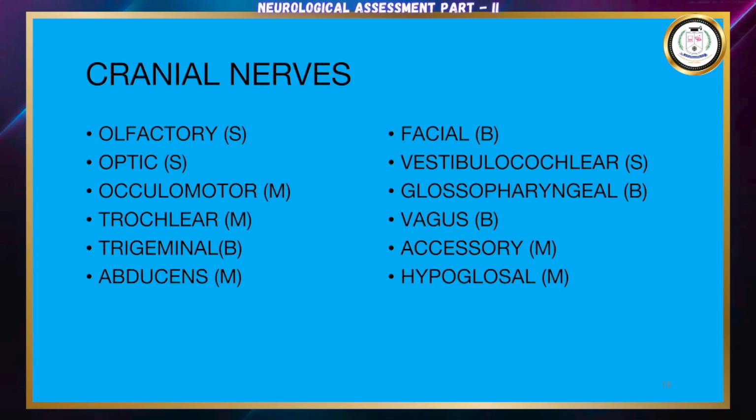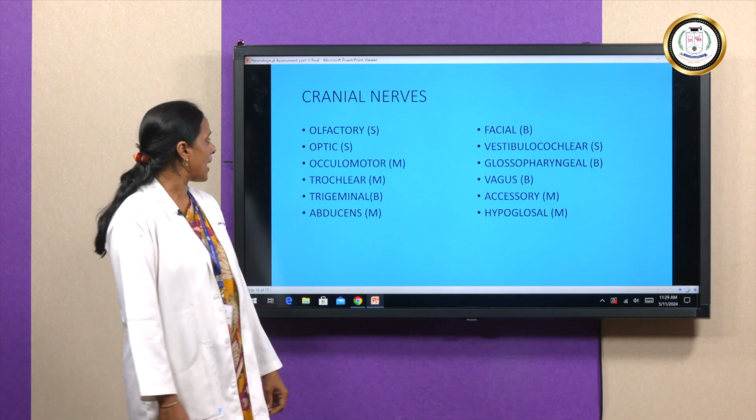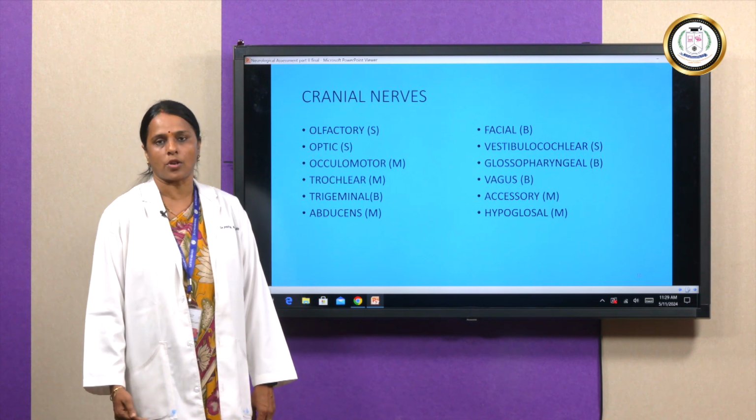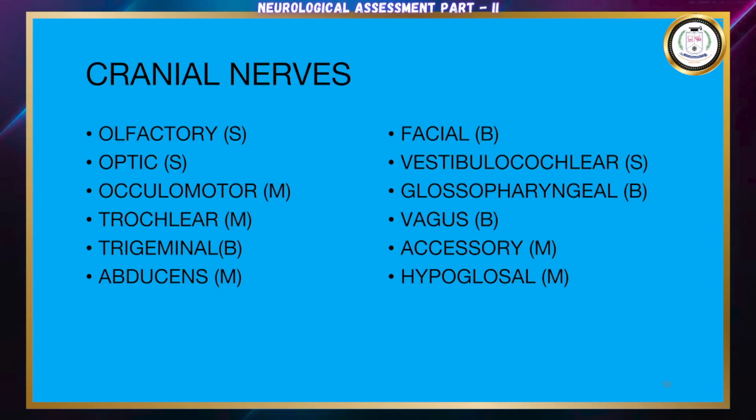Now after cognition, next comes the cranial nerves. Cranial nerves, as I told before, are the nerves which come out from the brain stem and the cranium, and their neurological assessment is very vital. The nerves are olfactory, optic, oculomotor, trochlear, trigeminal, abducens, facial, vestibulocochlear, glossopharyngeal, vagus, accessory and hypoglossal.